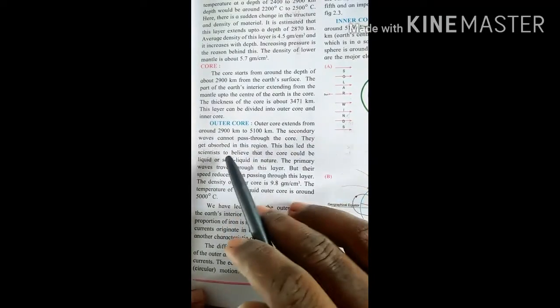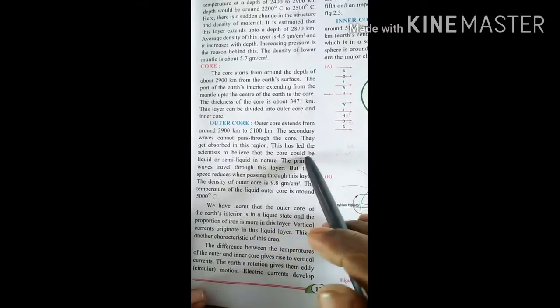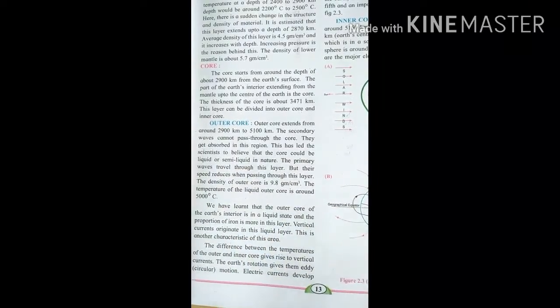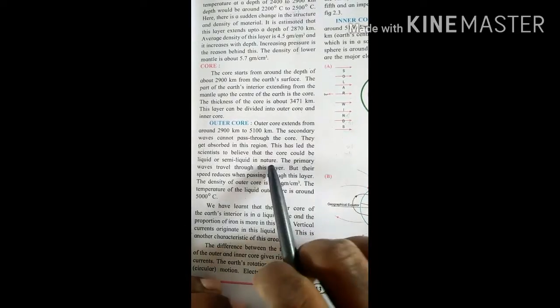This has led scientists to believe that the core could be liquid or semi-liquid in nature. If it was in a liquid state, the secondary waves could easily have passed through. Because of this, it is semi-liquid, not fully liquid and also not fully solid. That is why these waves do not enter it.